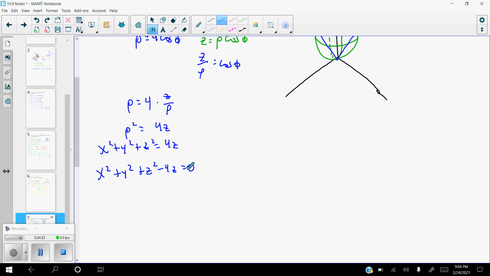So what I can do is take the z stuff and complete the square. So what we're going to get is x squared plus y squared plus, and then z squared minus 4z equals 0. And what do I have to put in there to complete the square? If you remember completing the square, you take the middle term, which is the negative 4, divide it in half, and then square it.